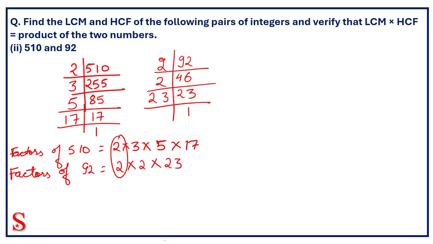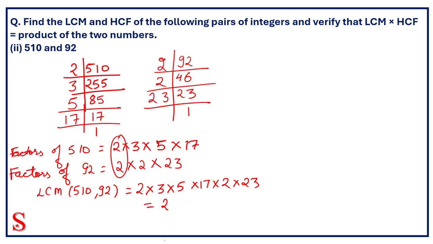So the common factor is only 2 here. What would be the LCM? LCM of 510 and 92 would be, first of all, we'll write the common factor and then the leftover numbers. So the LCM of 510 and 92 would be 23,460. And the HCF of 510 and 92 would be 2.